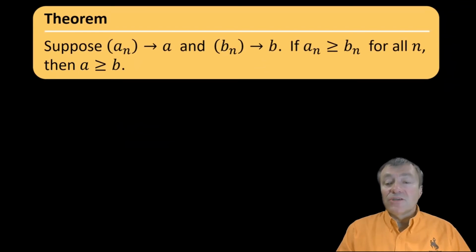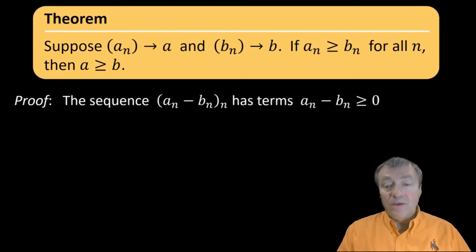Here's the more general fact which I mentioned at the start of the video. If we have two convergent sequences, where the first sequence is term by term greater than or equal to the second, then the same relation holds for their respective limits. To prove this, we make our lives easier if we use some stuff we've already proved in the earlier video.